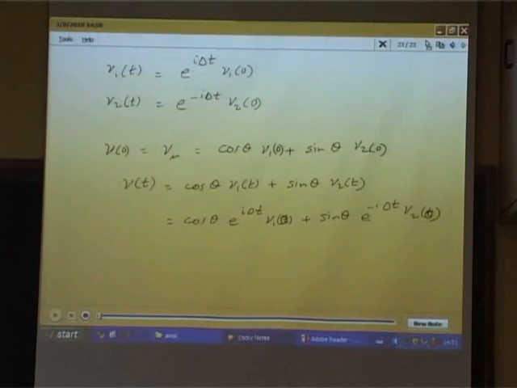And finally, I want to first calculate what part of nu mu is that. So I take the inner product of nu mu with nu mu(t), and I will basically get cos square theta e power i delta t plus sin square theta e power minus i delta t. I am doing nothing great. We actually did this in a different language last time. So the probability of staying nu mu is the mod square of this.